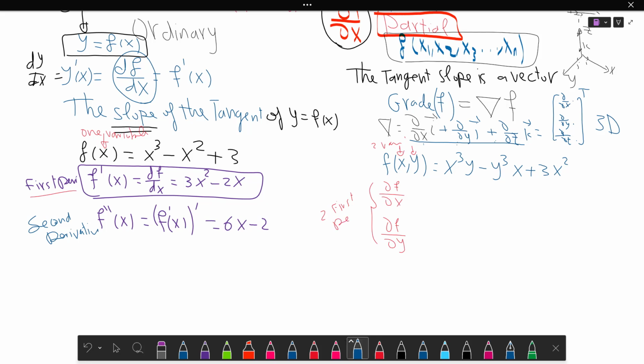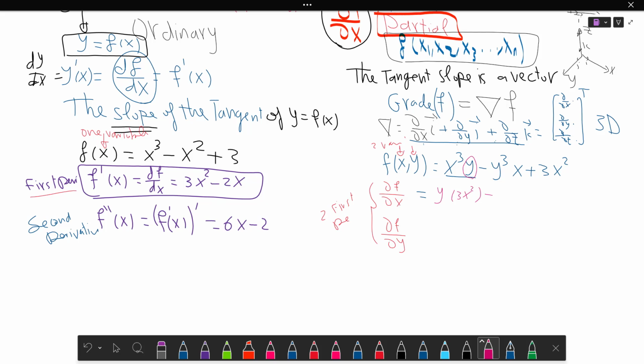Can you differentiate? Yes, I can differentiate. If I'm differentiating with respect to x, I keep y as a constant, right? So when I differentiate this one, I keep y as a constant. So leave y as it is, take it outside, and differentiate x cubed with respect to x, it will be 3x squared. Easy?